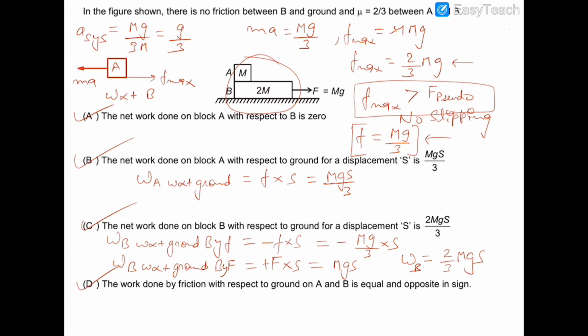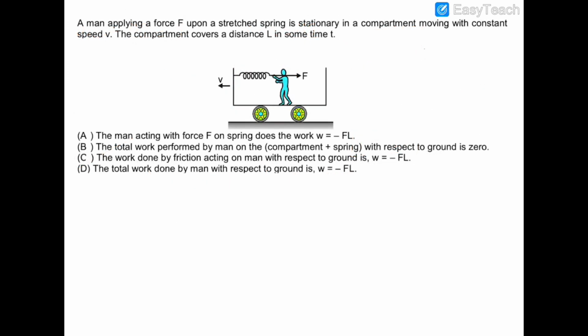Now I move on to the next question. In this question, there is a man who is applying a pulling force F on this spring as shown, and this spring is connected to this compartment in which the man is standing, and this compartment is moving with a velocity v towards the left-hand side. So in time t, that compartment covers a distance of L, and we need to examine these four options.